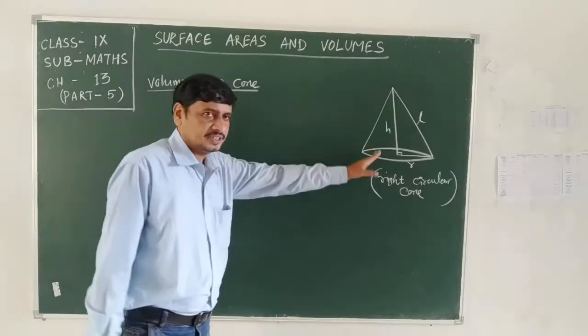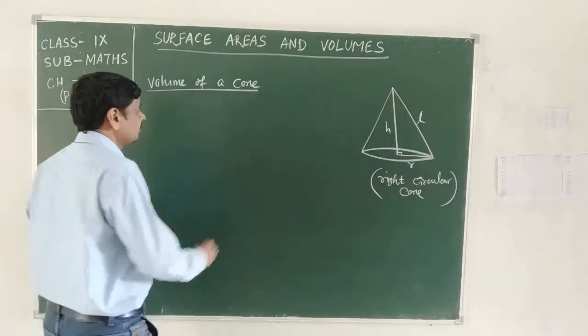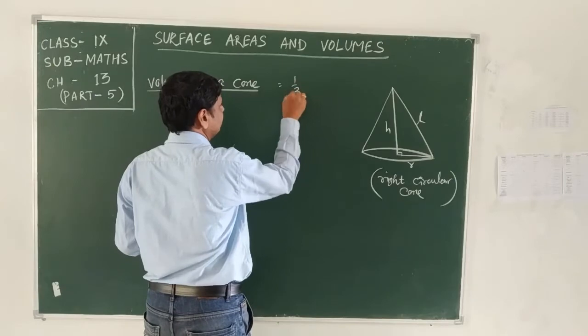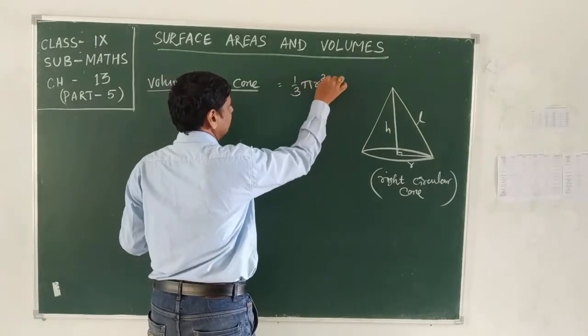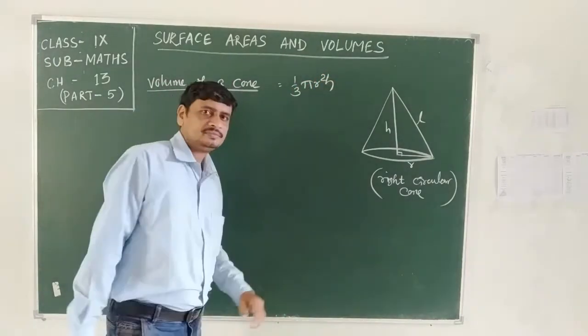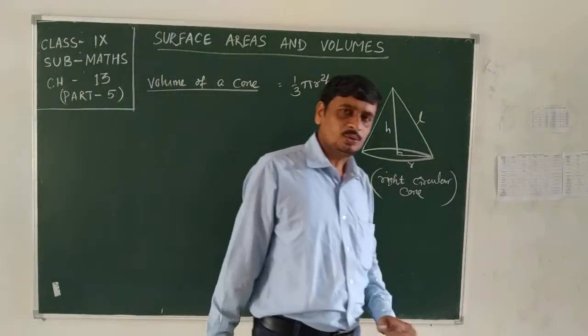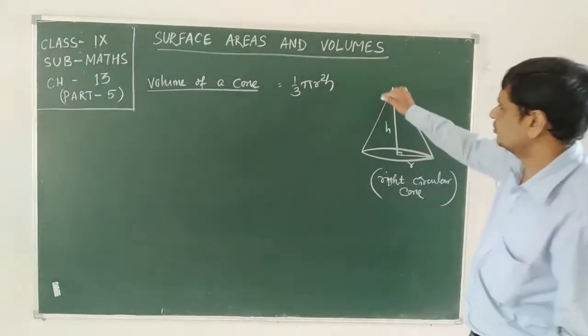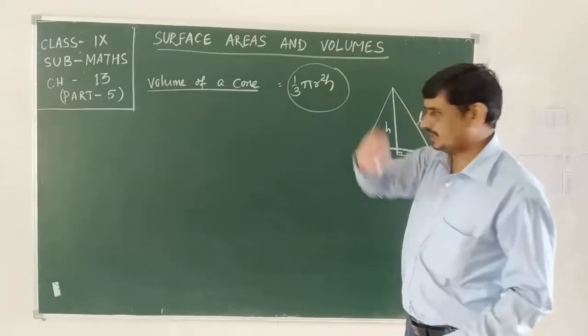The volume of this right circular cone is 1 by 3 pi r square h. Volume of any right circular cone can be obtained by using the formula 1 by 3 pi r square h.